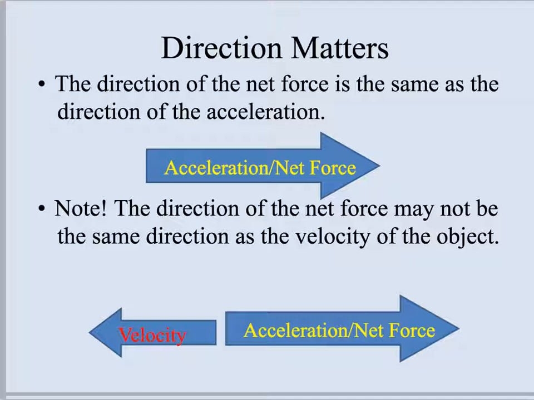If you are at that stop sign and you start to speed up after you come to a complete stop, your velocity is still forward, and now your net force is forward, and therefore your acceleration is forward. So it is possible for all three to point the same way: acceleration, velocity, and net force. But velocity doesn't always have to point in the same direction as net force and acceleration. Net force and acceleration, however, always point the same direction.